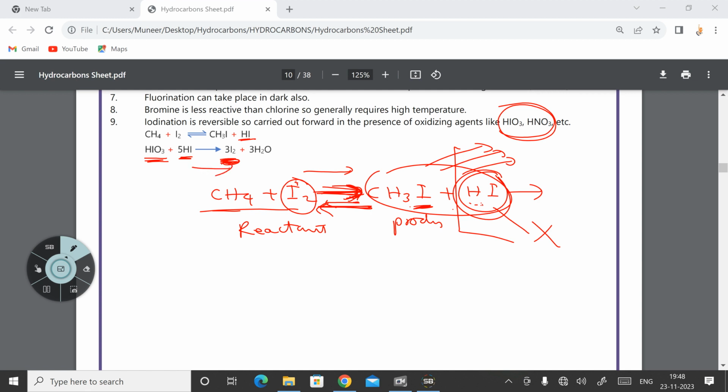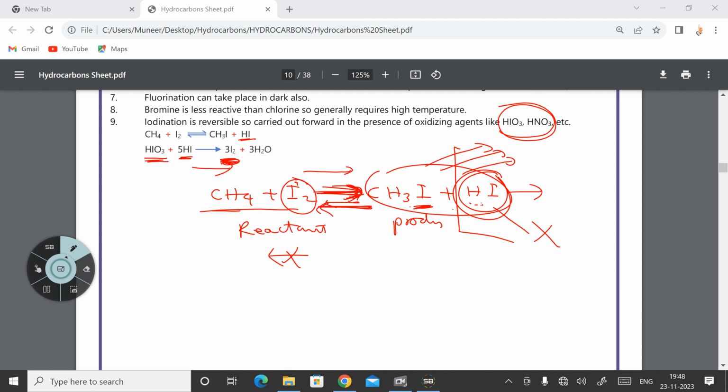So the forward reaction takes place instead of the backward reaction. Understand? Those are the important points. Iodination is carried out in the presence of powerful oxidizing agents like HNO3 and HIO3 to avoid the backward reaction. So HIO3 and HNO3 convert HI into iodine.